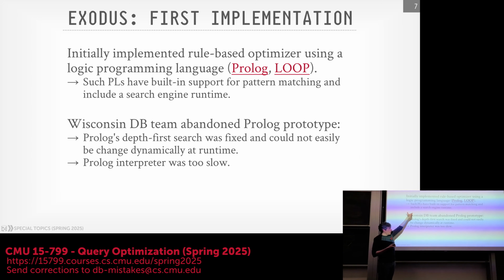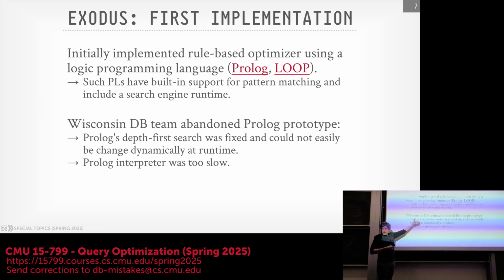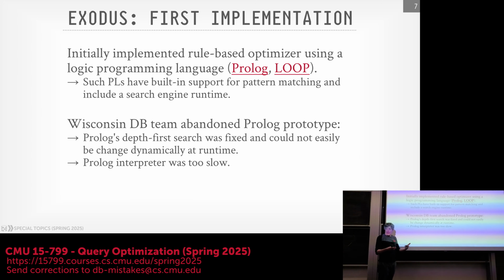So they pick Prolog, but then they talk about how they end up throwing it all away and rewriting everything in C, because they found that the language's runtime has its own built-in search algorithm doing depth-first search. You can't really change that and manipulate its behavior at runtime based on the results of the rules as you're applying them.